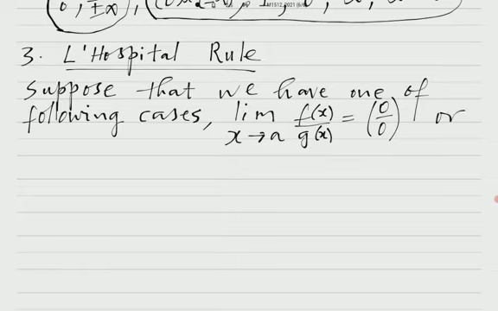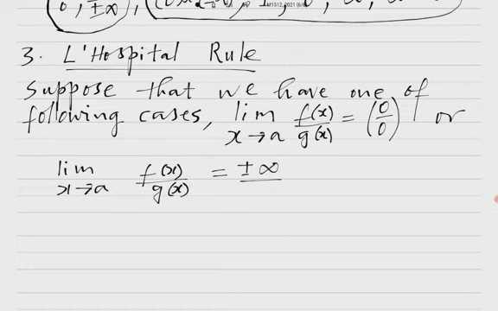Or we could also find another form, which is the limit as x goes to a of f of x over g of x being equal to plus or minus infinity over plus or minus infinity, either one of the two is fine.